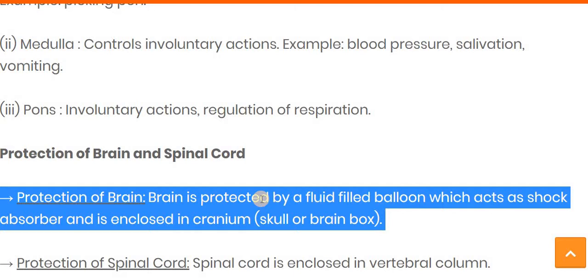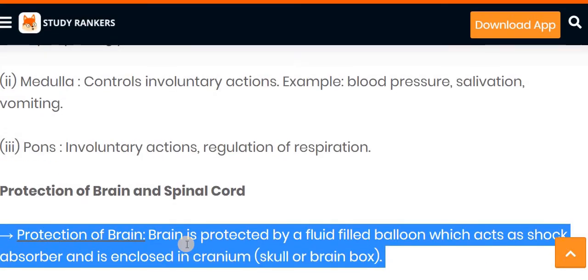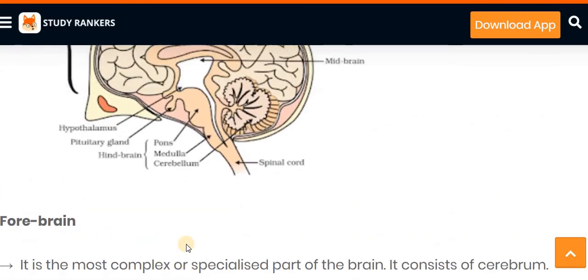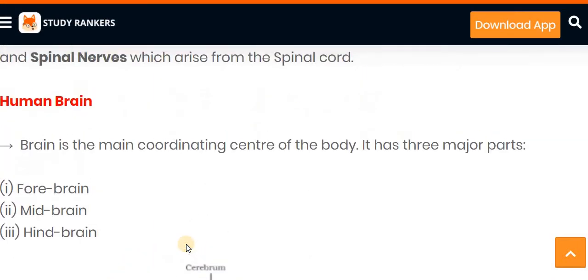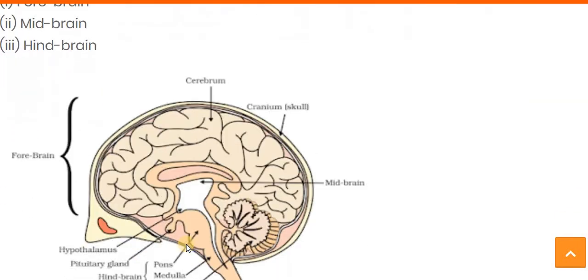This fluid is present in the meninges, meaning the gap between the two membranes of the skull. So this is the human brain. If asked in 4 marks, then you have to describe it in detail.